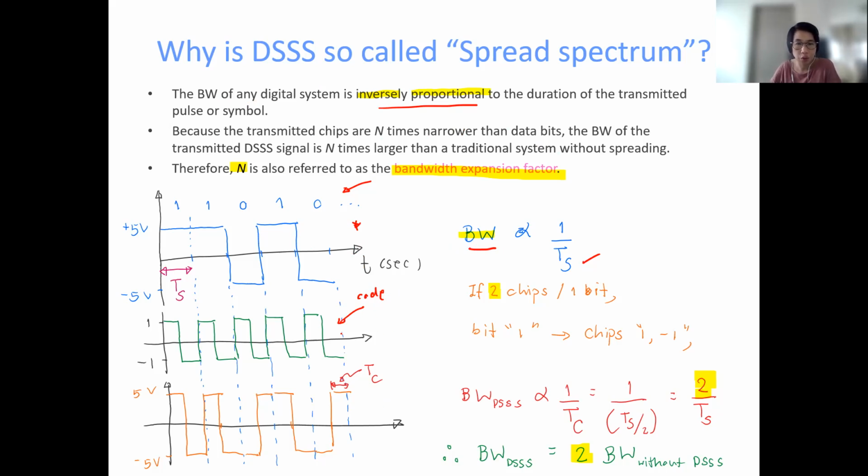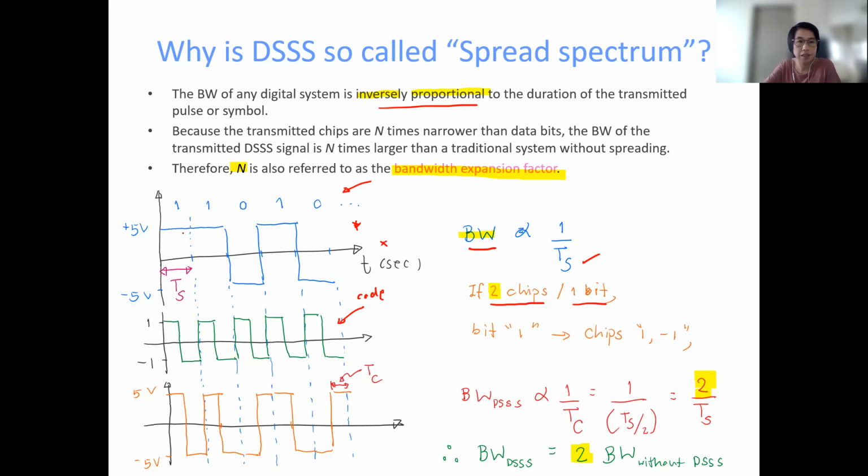If we use this code, one symbol is represented by two chips. So in this case, there are two chips representing one bit, like this. What the code does is just multiplication.